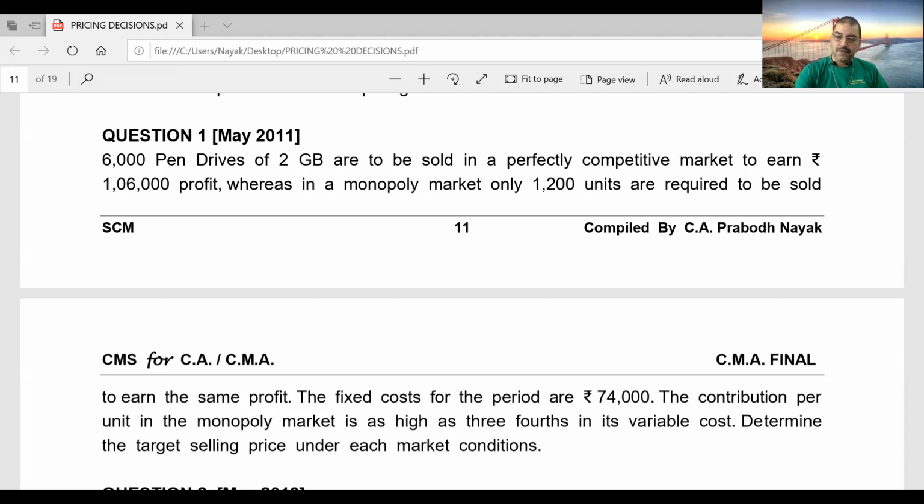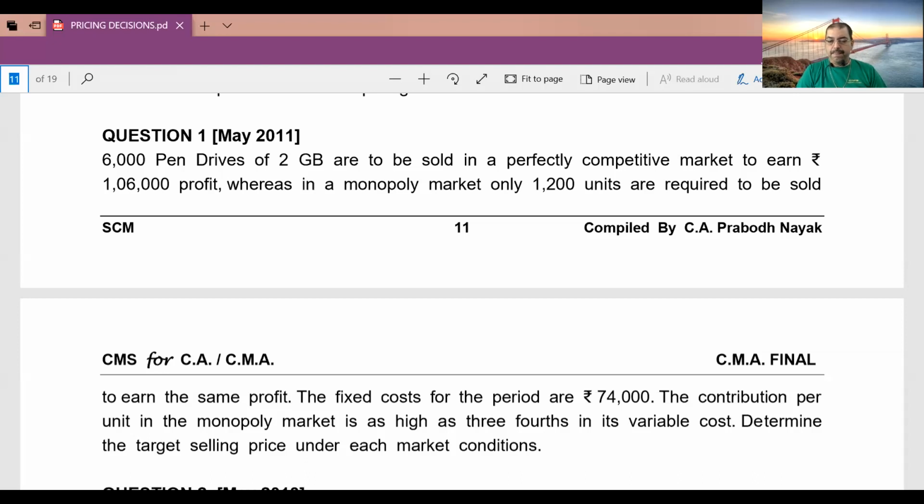Okay, let us come to question number 1. You can refer to your PDF, page number 11, question 1.